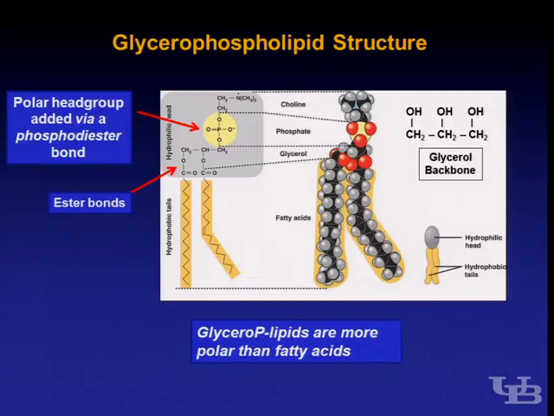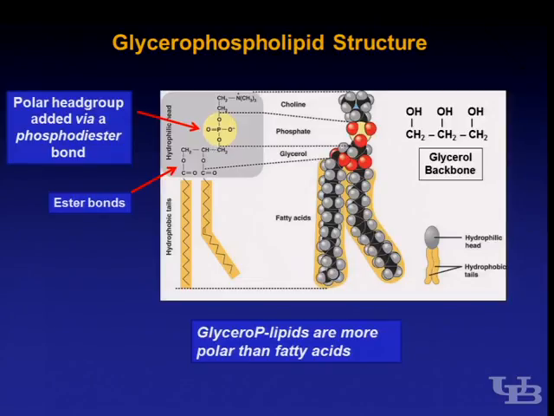Not a phosphate. The acid group, right? The acid groups now have been sequestered into the ester linkages. So we're losing polarity there, but we're gaining polarity here. Why? This group is going to be charged, and it's going to vary in the different types of glycerophospholipids, but look at this, that phosphodiester.